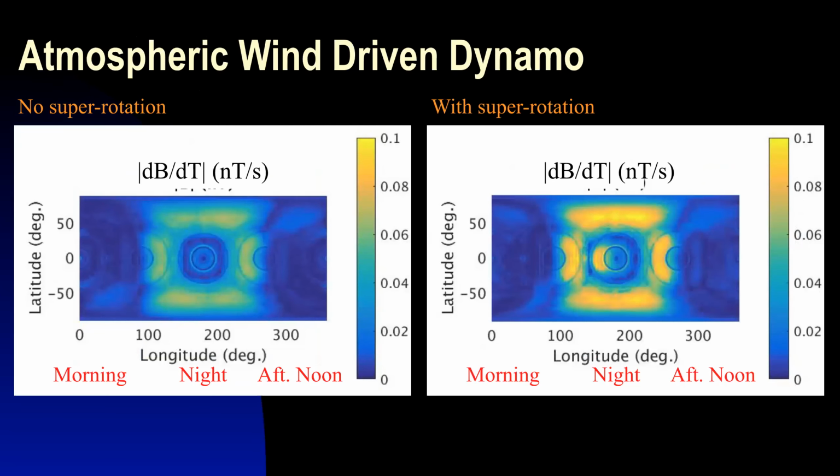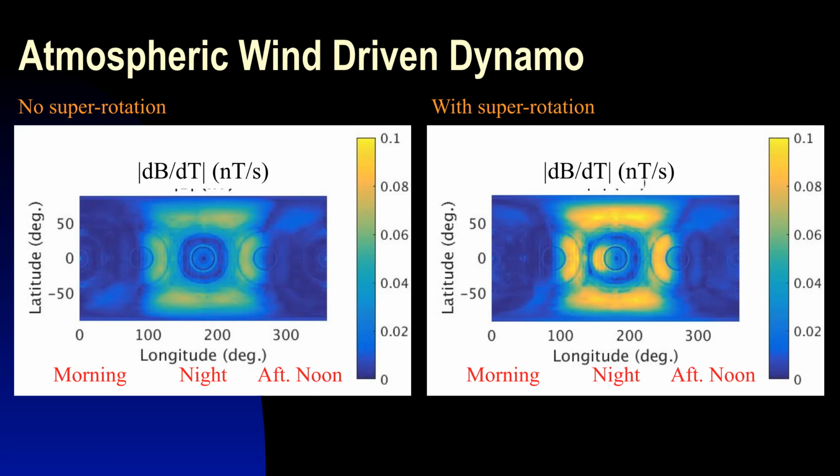Well, the gradients in the ion densities being collisionally coupled to the neutral winds create currents, and these current systems can create magnetic fields. In the case without the superrotation on the left, you see that the magnetic fields are symmetric about the noon-midnight line, whereas with the superrotation, they're offset and stronger.